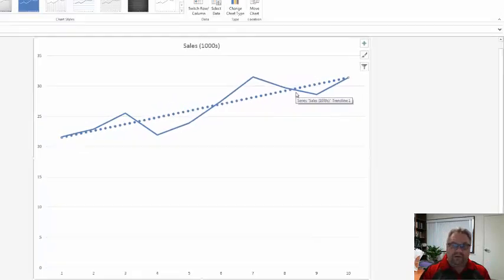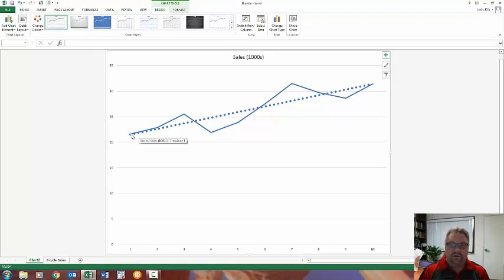Same thing with the moving average and the weighted moving average, right? So if you think about a 3-period moving average, well, then I'm taking the data for these 3 periods and averaging them out when, in fact, I know that I've got that upward trend. So again, a 3-period moving forecast is likely to underestimate the next period's sales because it's not taking into account the trend that will be exhibited in the 4th, 5th, 6th period, right?